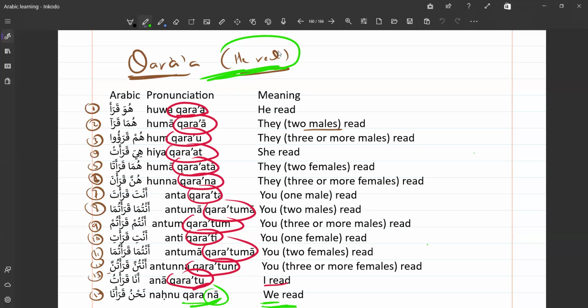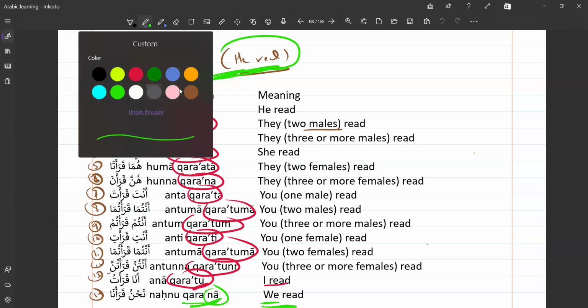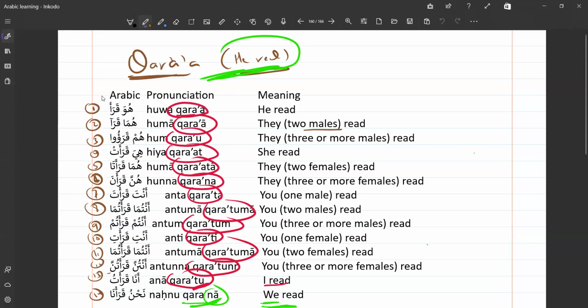Now, just like the girdan of qara we discussed in the last video, let's see the girdan of the word fahima. Fahima means he understood. So the first variation of this verb itself is fahima.